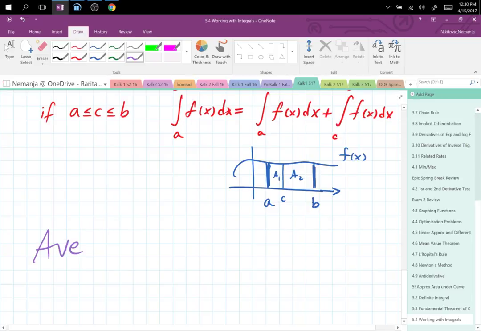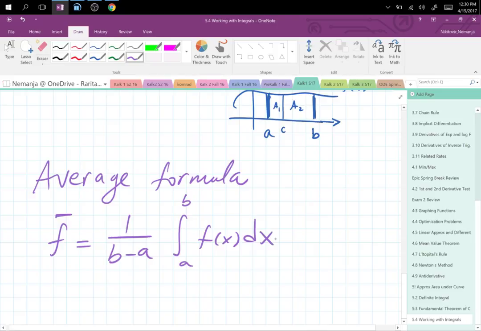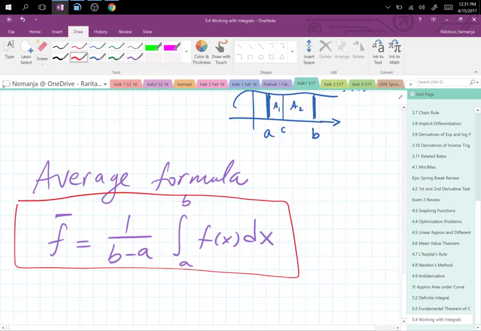So, average formula. The average value of the function is 1 over b minus a, integral from a to b of f of x dx. This is on your project.